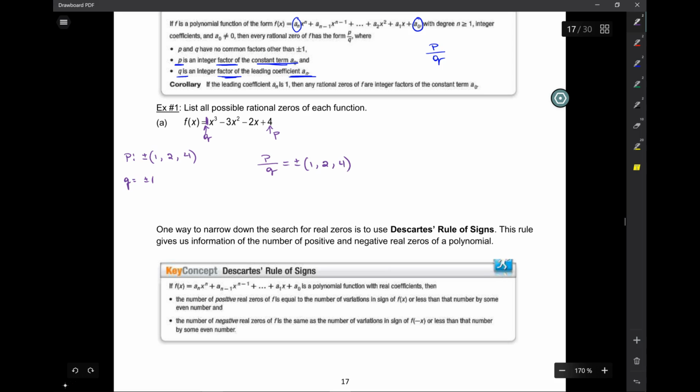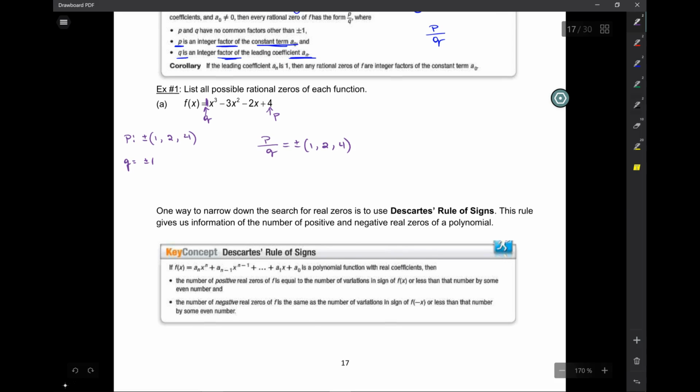So if you look at this corollary, if the leading coefficient is 1, then P over Q is just the factors of the constant, right? It's just the P's. You don't even have to do that step. This is it. What we have now is a list of all possible rational zeros of f of x.